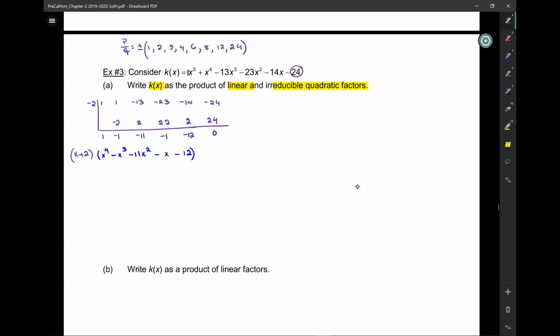Now, a few tips and tricks. If this list of zeros worked for the entire polynomial, then this will have factors that are included in this. So you don't have to do a new P and Q. However, is 24 going to be a factor of this blue one?